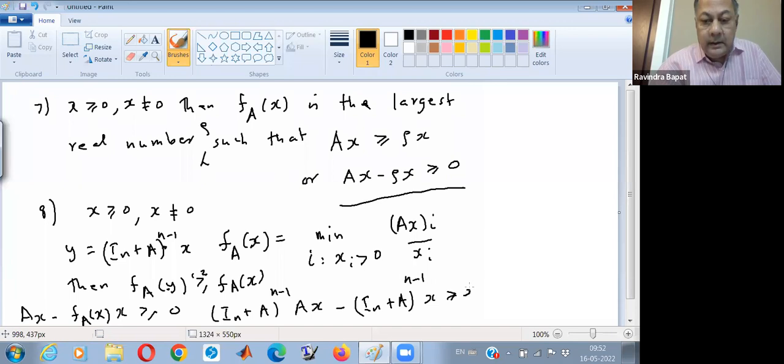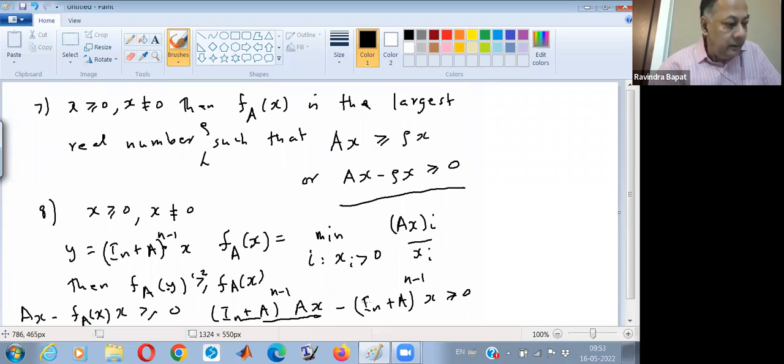And now the result is clear, because this by definition is A times y. So A times y is greater than or equal to f_A(x) times y.